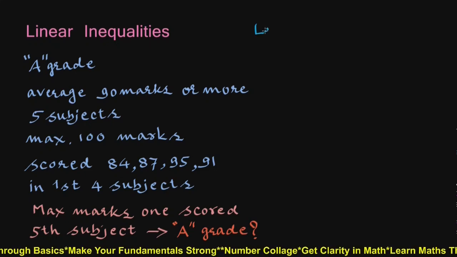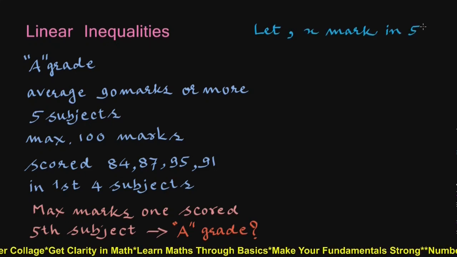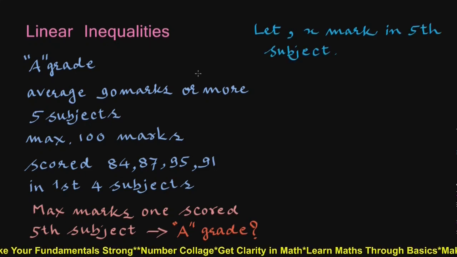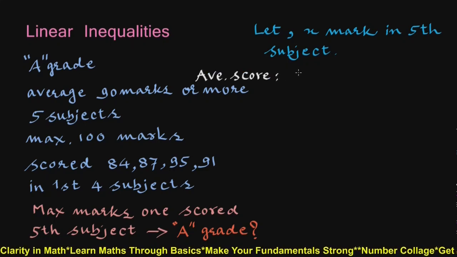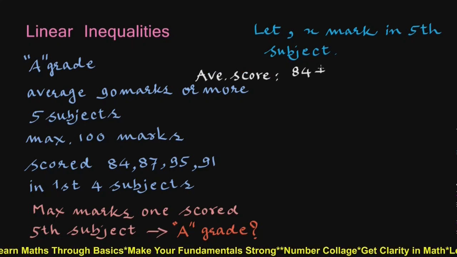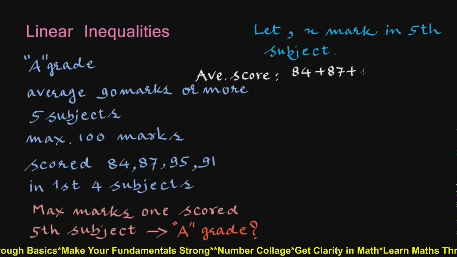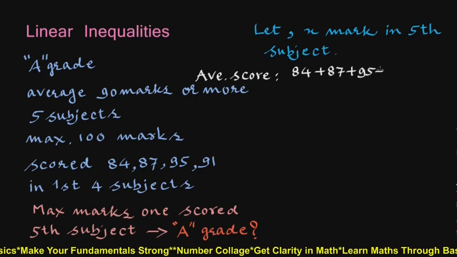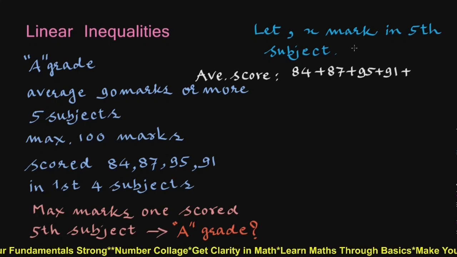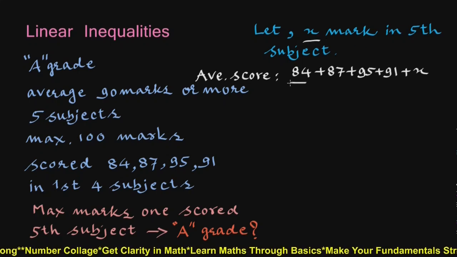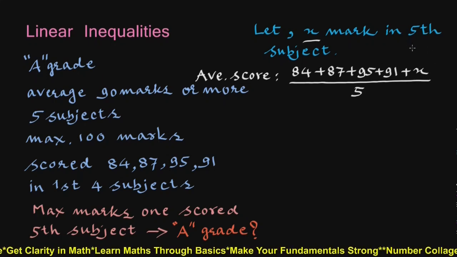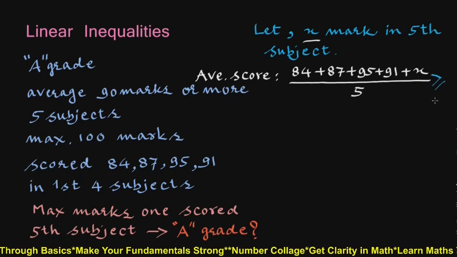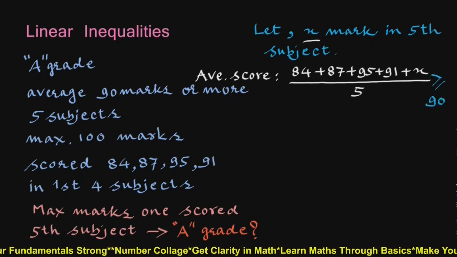Let one get x marks in the 5th subject. Now the average score will be the sum of marks of all subjects, 84 plus 87 plus 95 plus 91 plus this x, upon number of subjects 5, and this has to be greater than or equal to 90 to get the A grade.